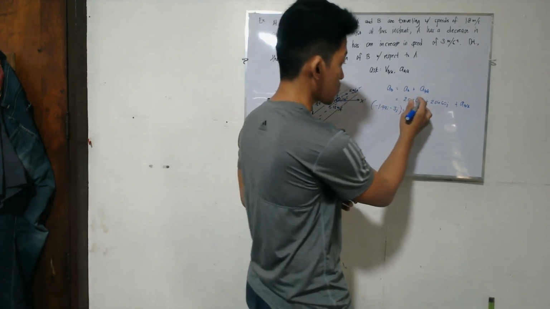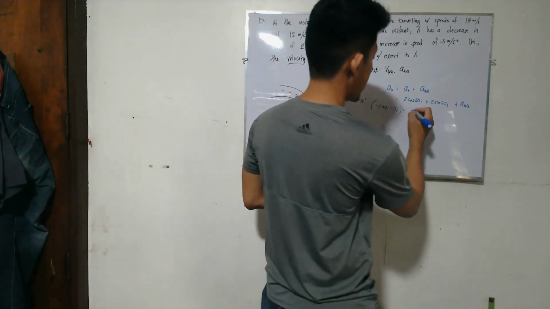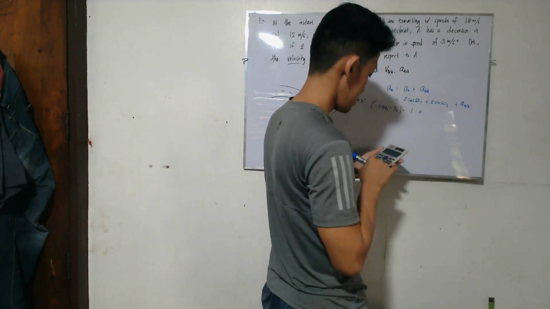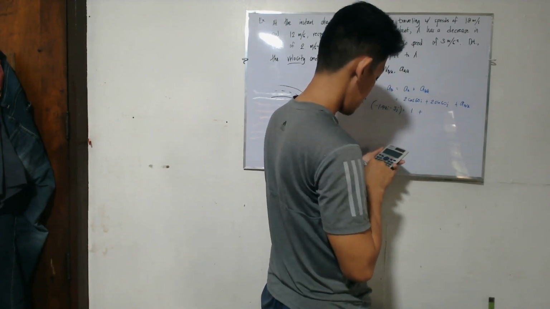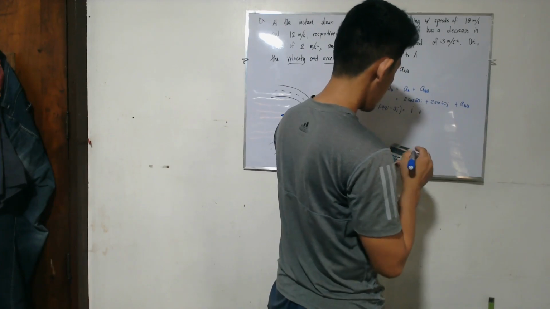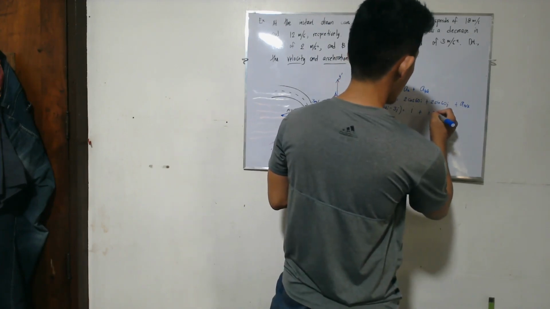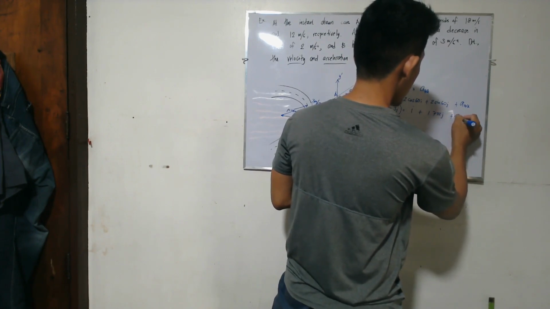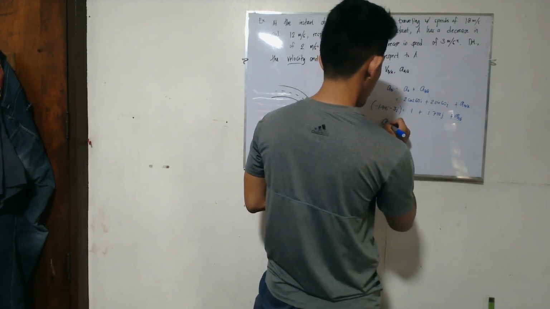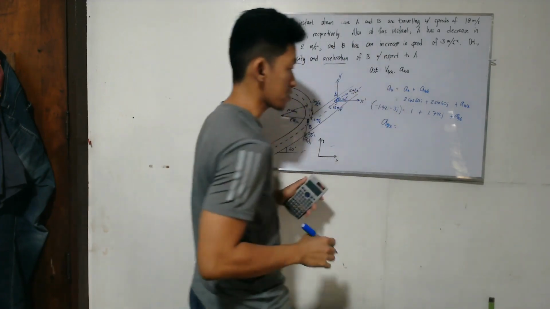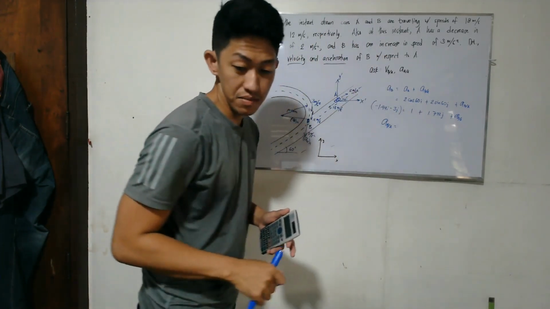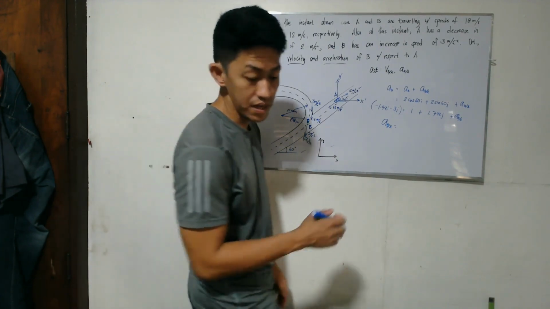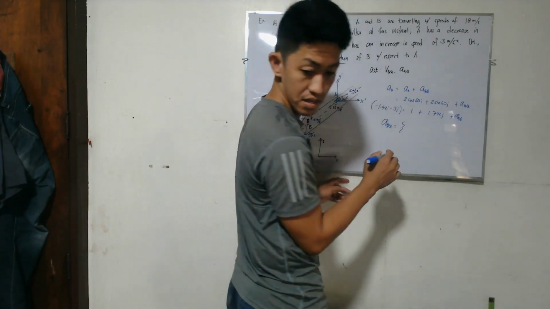Is equal to, this 2 cosine 60 is 1, so 1, plus 1.732j. Okay, so therefore we add the same unit vectors.